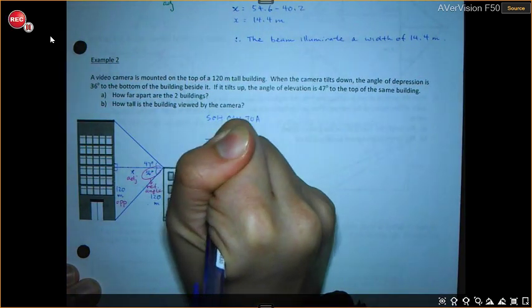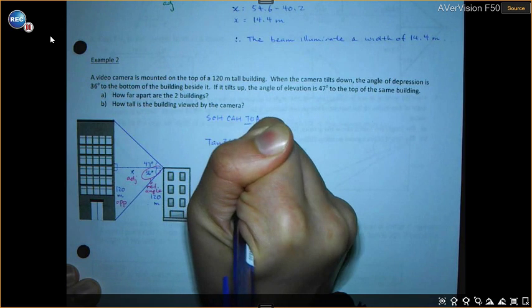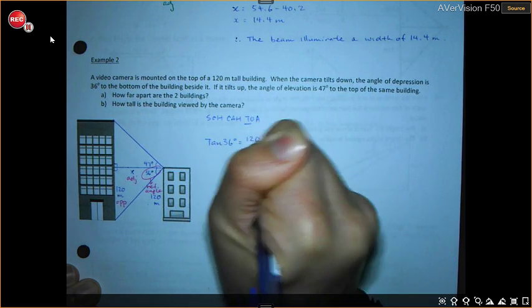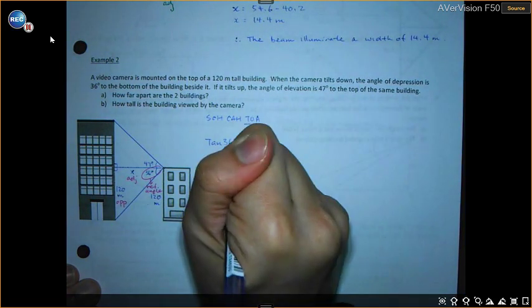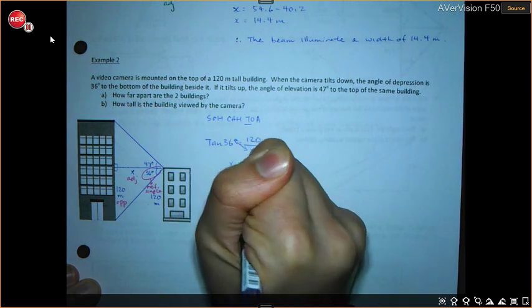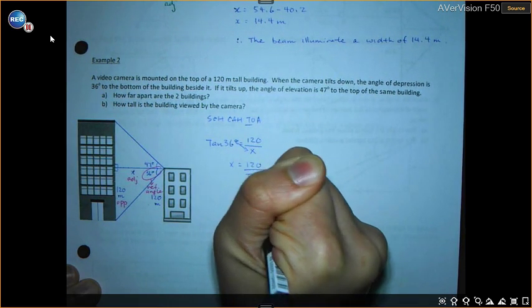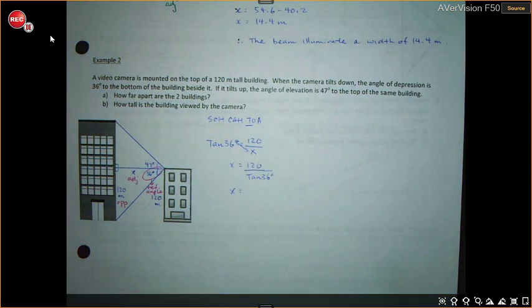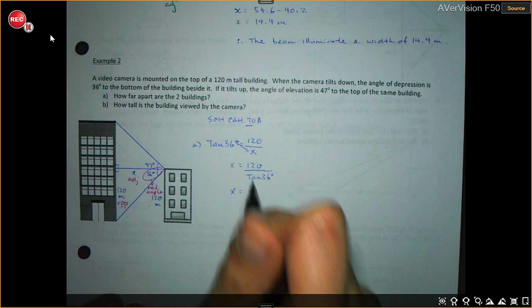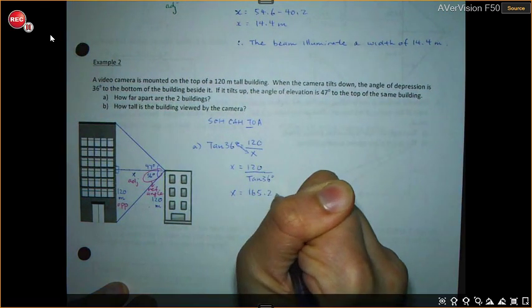So tan of the reference angle, 36 degrees, equals the opposite, which is 120, over the adjacent, which is what we're trying to find, x. Unknown at the bottom, so switch them around. x equals 120 divided by tan 36 degrees, which gives us 165.2 meters.